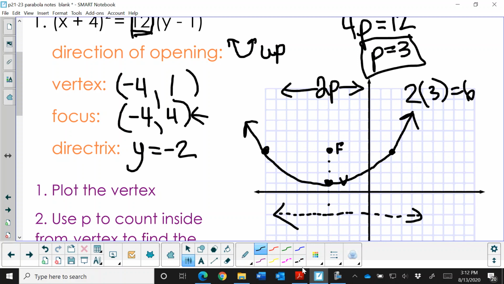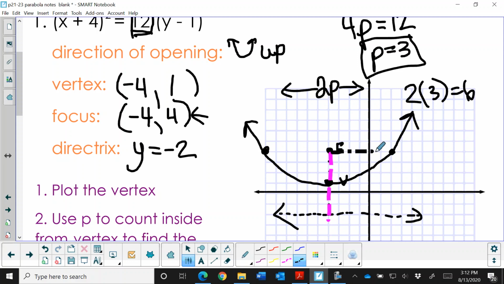Now let's talk about that whole equidistant concept, okay? Every point on this curve is equidistant from this line and the focus. And let me just show you how. That distance is the same as that distance. The vertex is halfway in between. Okay, how about another one? Let's pick this point.